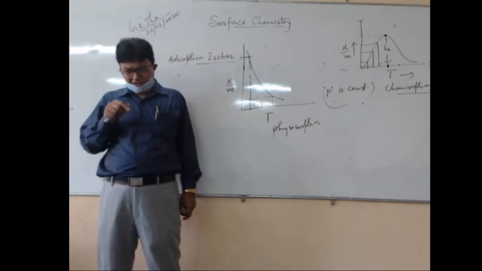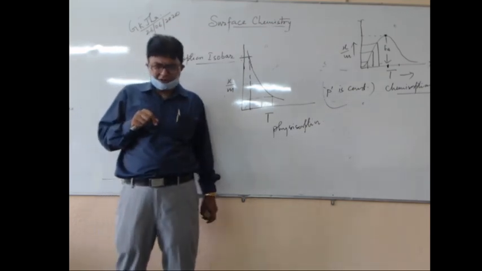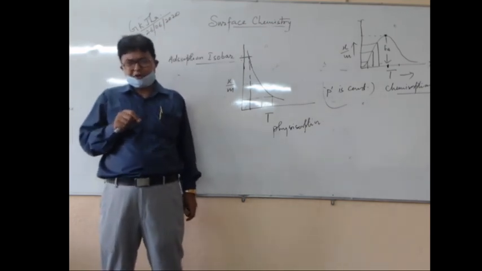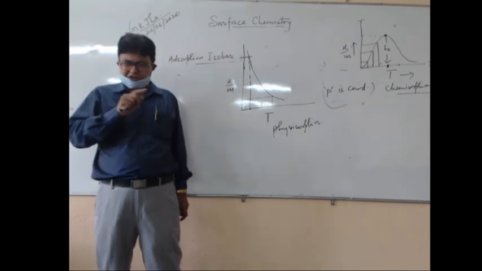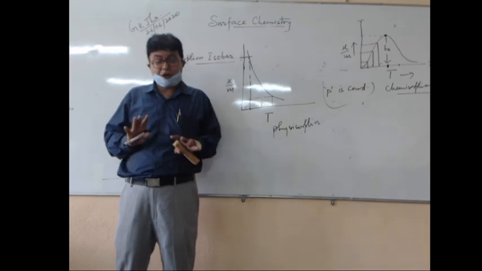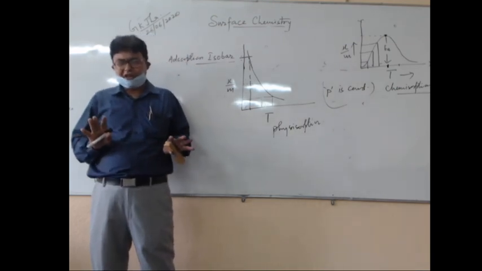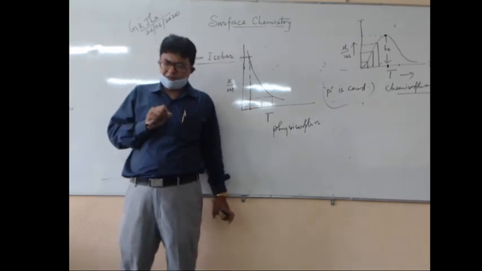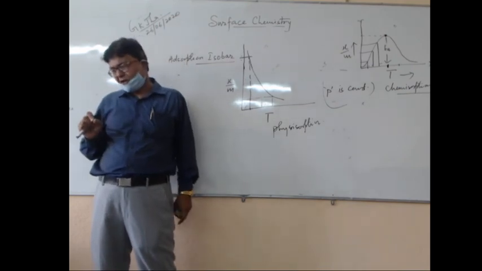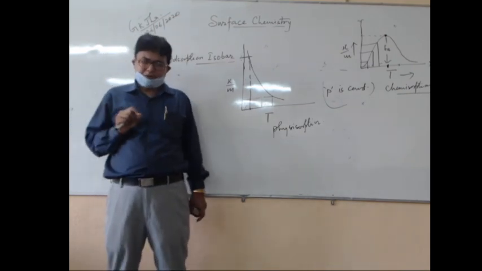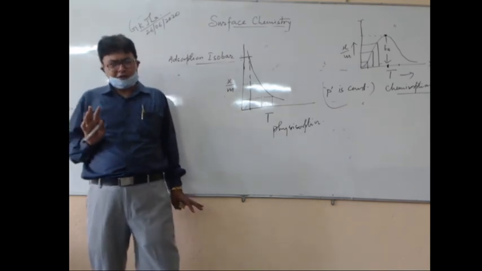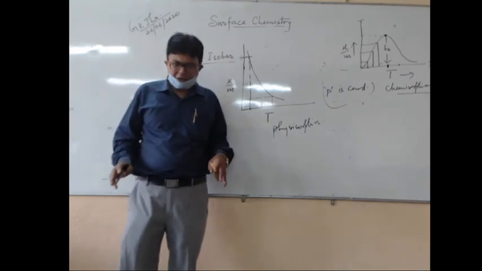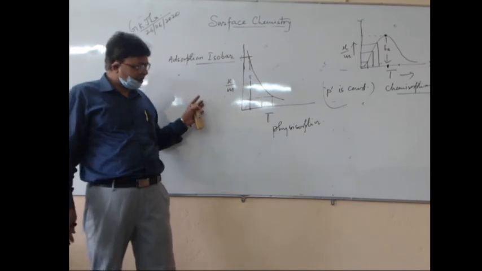Another important thing you notice is that beyond a certain pressure, the curve becomes parallel to the x-axis, and the pressure we are talking about is saturation pressure. Beyond saturation pressure, extent of adsorption does not depend on pressure. It is for that reason we have written x by m is equal to k into p raised to the power 0. What I want to say is that 1 by n is equal to 0 here. That is how we should study this Freundlich adsorption isotherm.